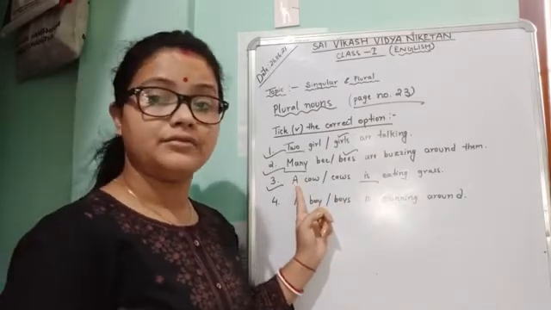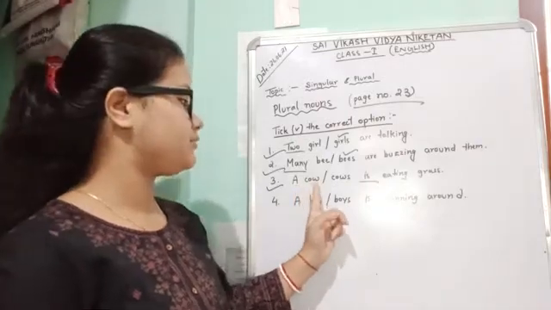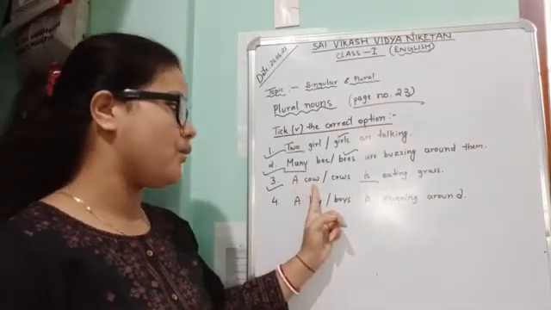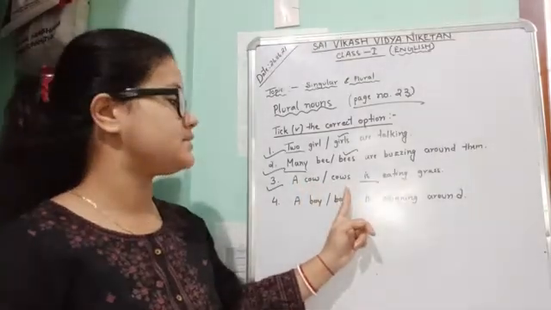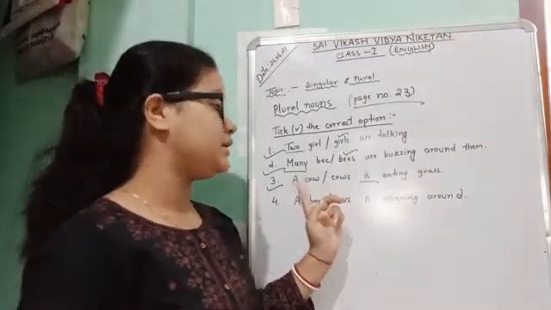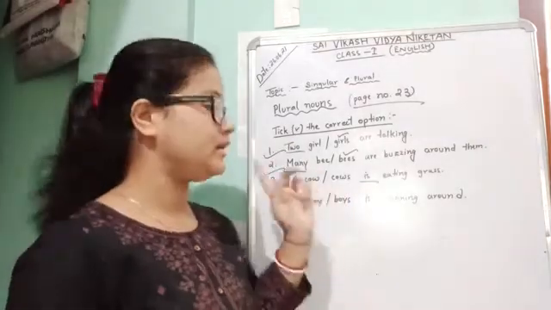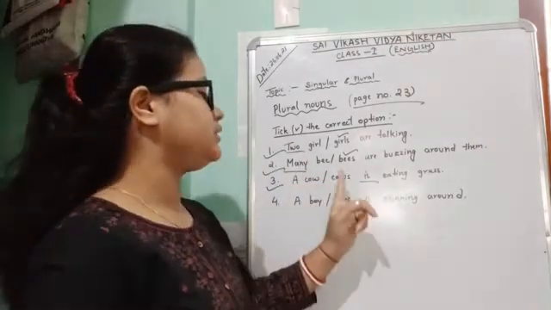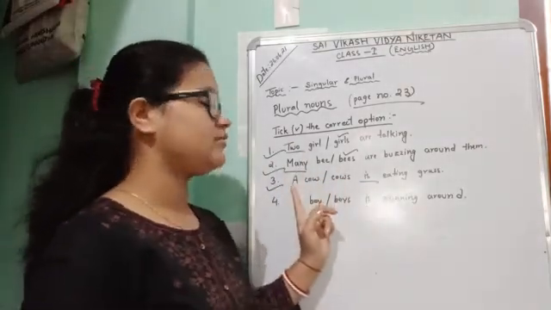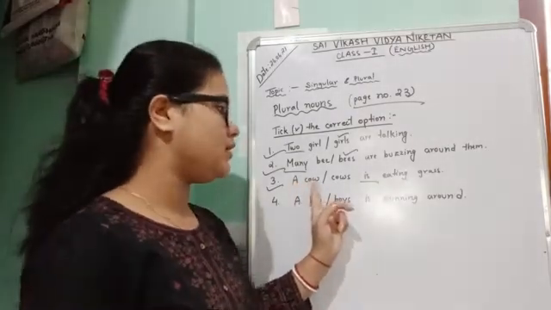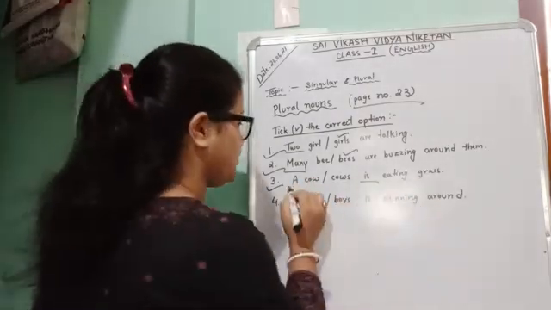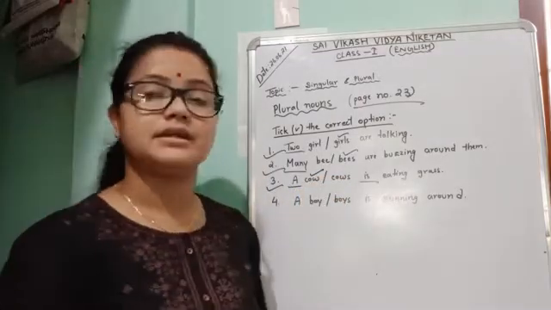We have a, that means we have to use singular noun, that is cow. A cows, this will be wrong. If we have many here, then we have to use many cows. But here we have a, means one item. So a cow is eating grass.